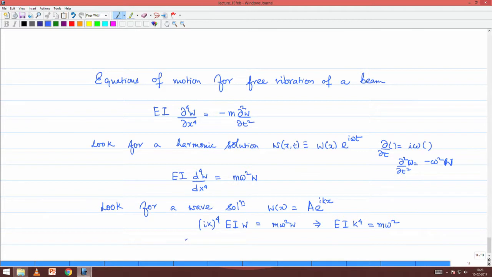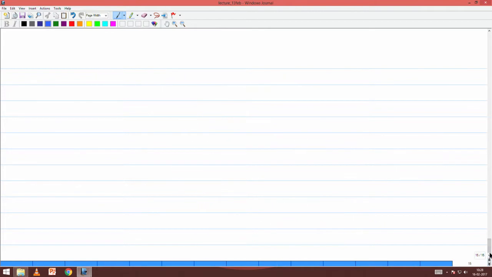So, in other words, if k is the fourth root of m omega square by EI, then you are going to get a wave. So, let me write this note for you. Inference: harmonic waves are possible at any frequency omega.